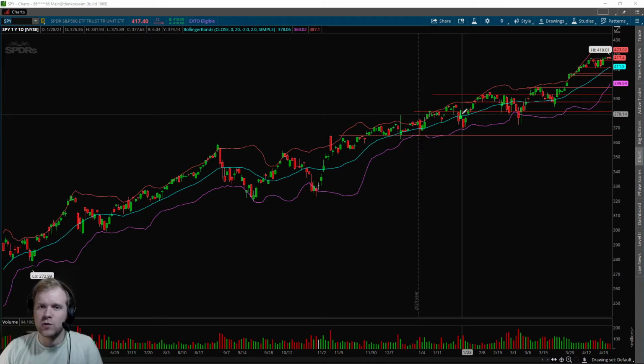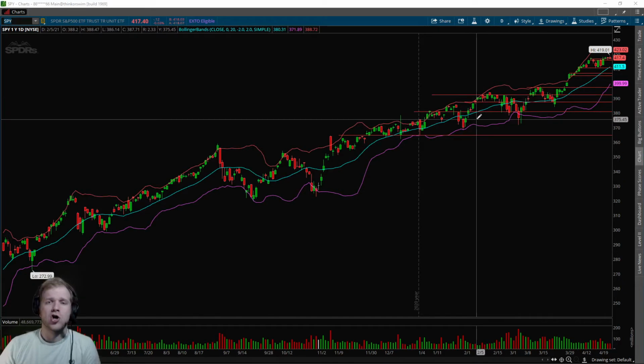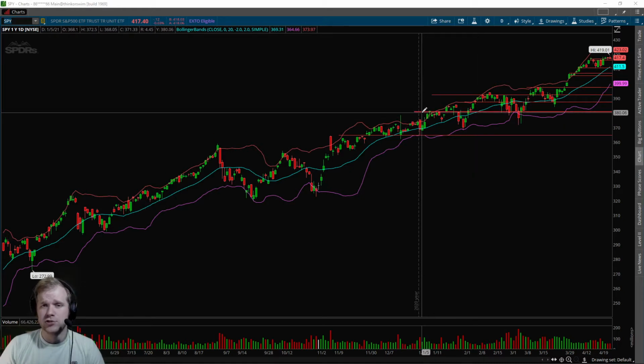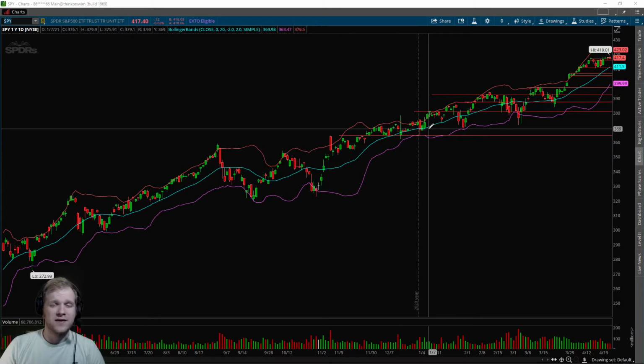The middle line is typically a 20-day simple moving average. Yes, you can change it to whatever you want. You could change the number of days, maybe to an EMA, whatever. It depends on your trading platform. The other two lines are some form of standard deviation away from that simple moving average. Typically, it's two standard deviations, both up and down from the simple moving average.